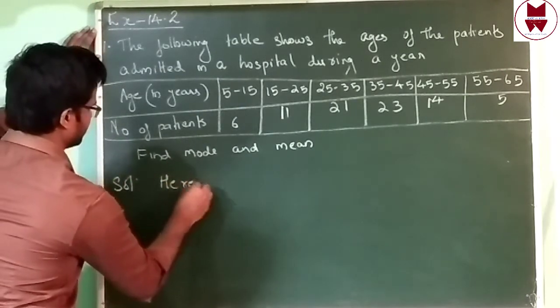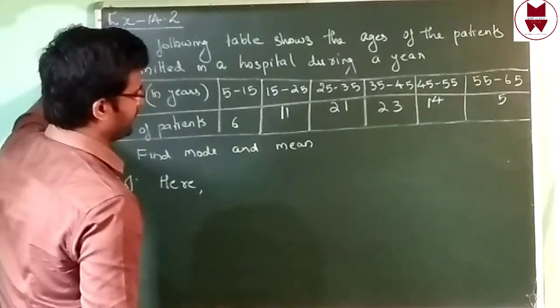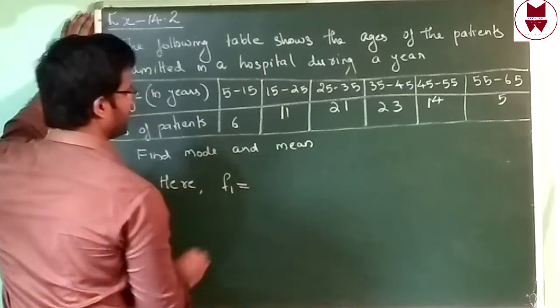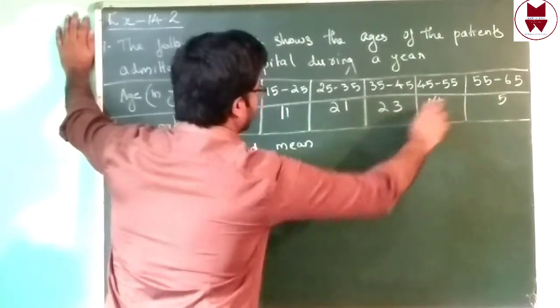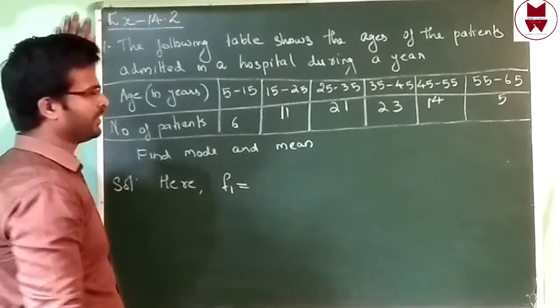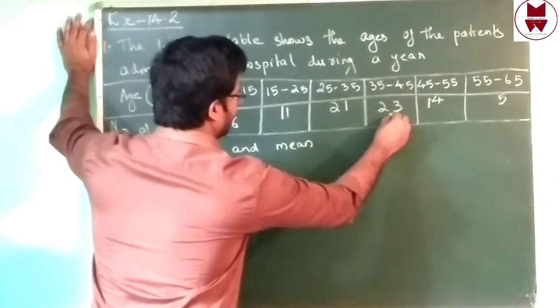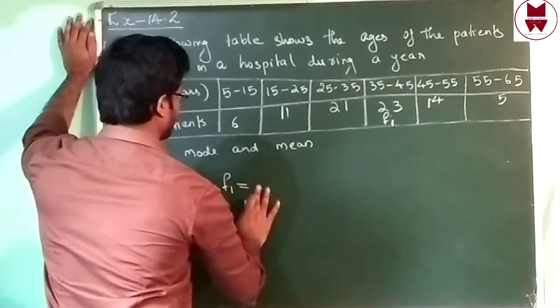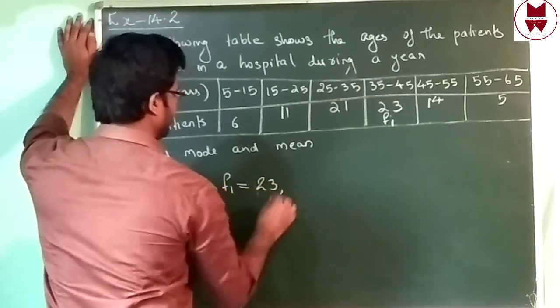For mode we know we need F1. F1 means highest frequency. Check it. In the second column, which number is the highest? 23, isn't it? This we can write as F1. F1 is 23.